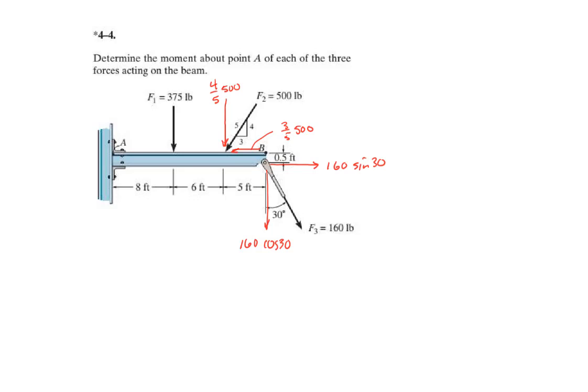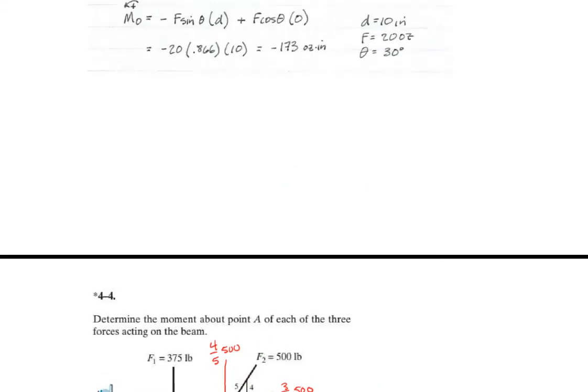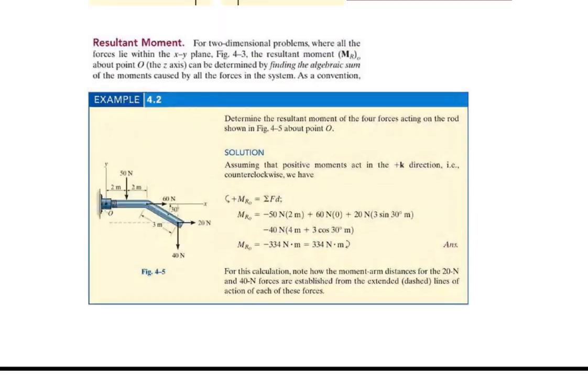Alright, now to find out the total moment about O, we just add them all together. So let's just do that. Sum of the moments about point O. Now I didn't talk about this before, but let's refer to this just a little bit. We should always put a positive direction when we're doing our moment calculation. Let me go back real quickly to the textbook, and you can see how they did it in here.